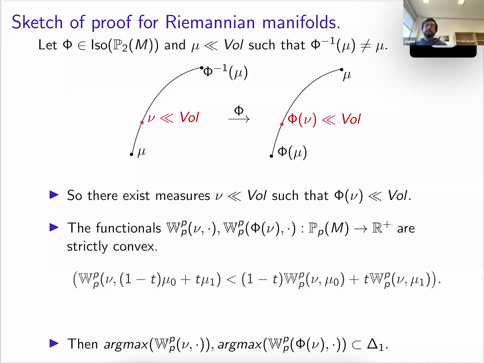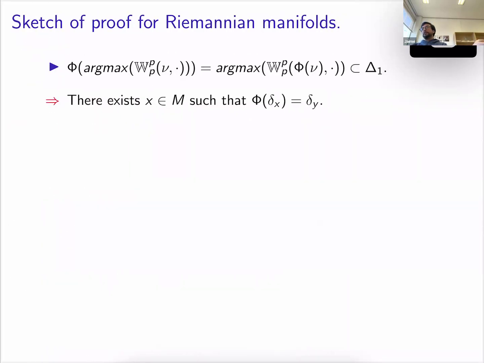And what do I do with them? Well, I notice that if I take the argmax of the p power of the distance from nu and apply phi, then I get the argmax of the p power of the distance from phi of nu, since phi is an isometry, and this is clear.